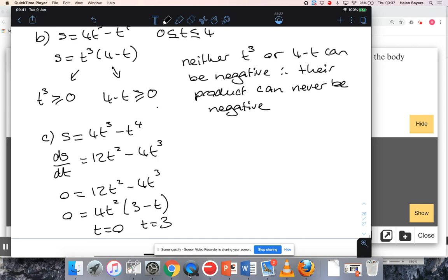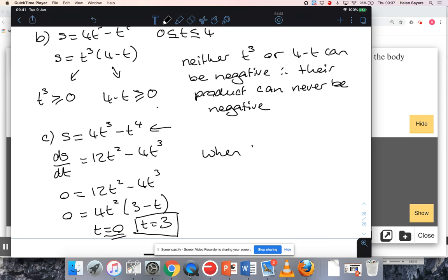Well, I can clearly see that if I substitute t as 0 into s, that's going to give me a displacement of 0. So I don't think I need to check the second differential to decide that it's that one that's going to be the maximum displacement. And I know from the previous part of the question that when t was 0, it was at its starting point, obviously its displacement was 0.